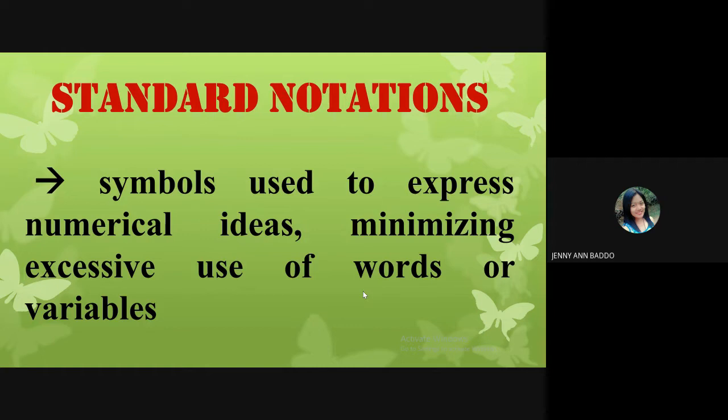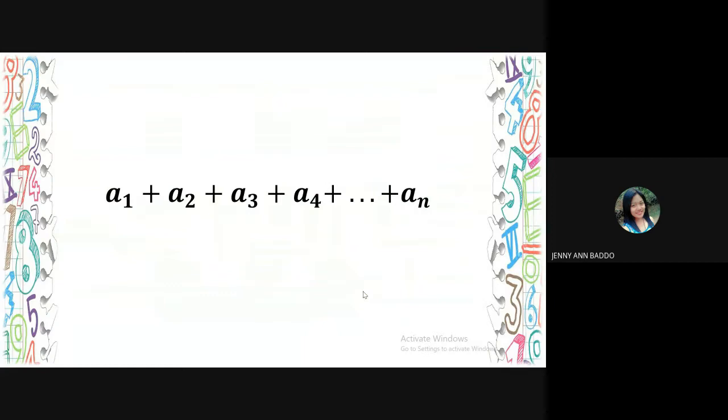So these are simplified system of notation to avoid the complicated and long formulas that we usually use. But this time, we will work with the sum. So we have here a sub 1 plus a sub 2 plus a sub 3 plus a sub 4 plus up to a sub n, or the sum of the first up to the nth value of a.